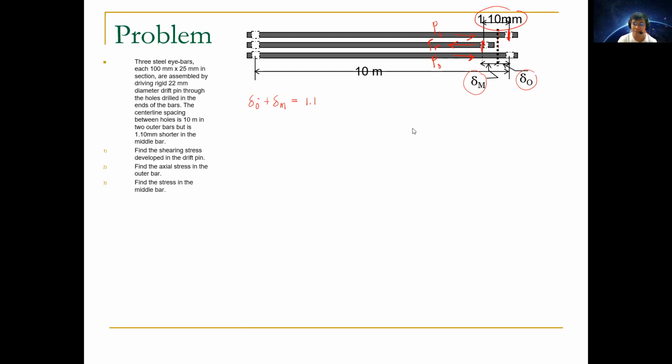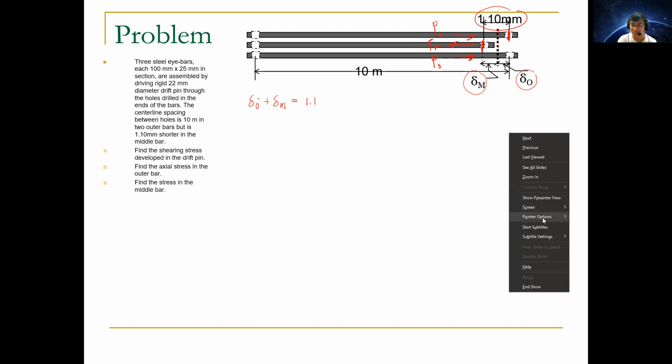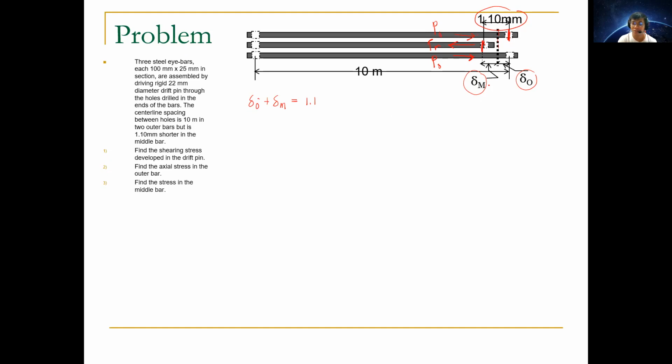Sige, so going back, so again, when you try to look at the drawing, if you try to look at the hidden line here, so you may say that it's symmetrical with the outer and middle nga deflection, di ba? But it's not really that symmetrical. So the purpose of the hidden bar here is not to set that the mid and the outer deflections are equal, but to give portions lang that ay contribution ang outer deflection and middle nga deflection to the 1.1 mm difference between steel bars.